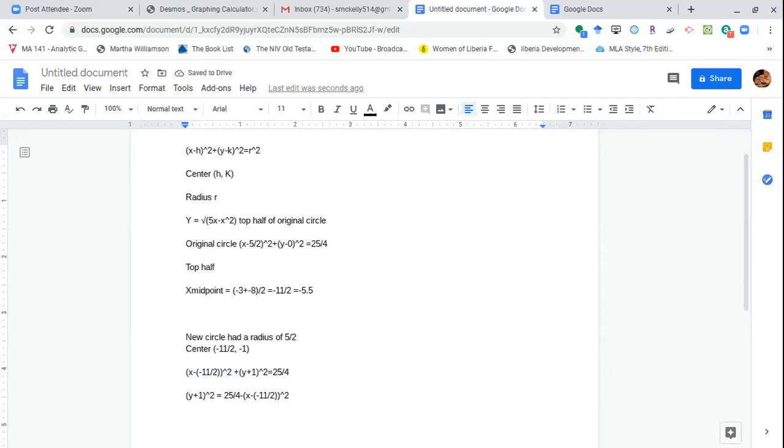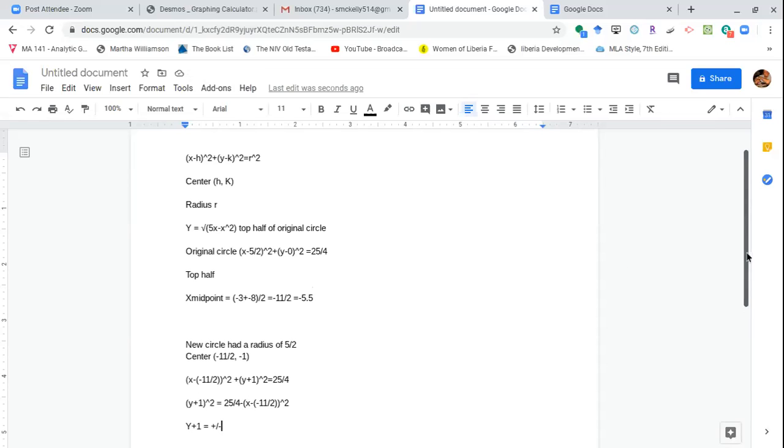Now if I take the square root of it, then the squares on either side are going to go away, and I'm going to get y plus 1 is equal to plus or minus, and then the square root again.